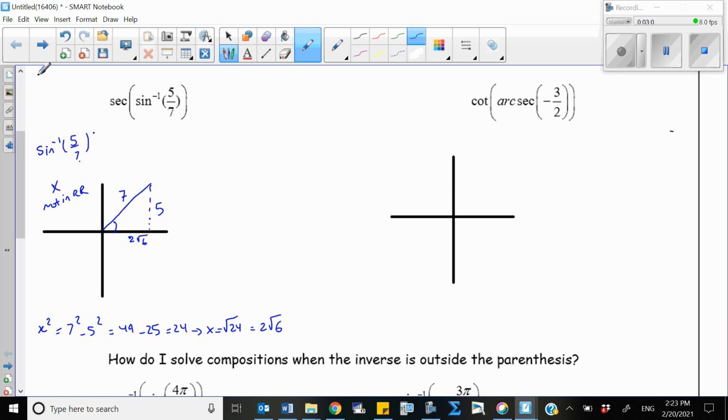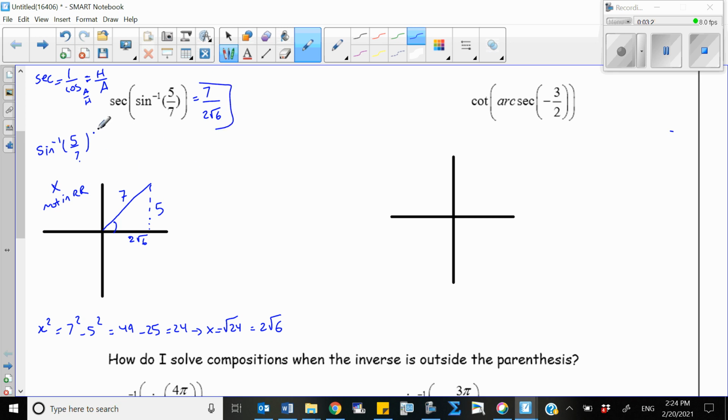We know that secant is 1 over cosine. Cosine is adjacent over hypotenuse, so secant will be hypotenuse over adjacent. When I have my right triangle, I'm just going to take the hypotenuse, which is 7, and the adjacent, which is 2 radical 6. And that's my answer.